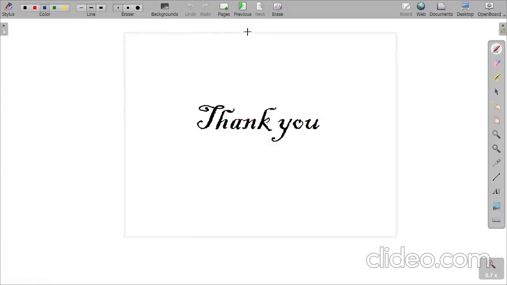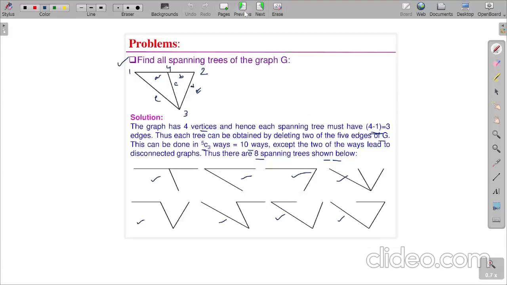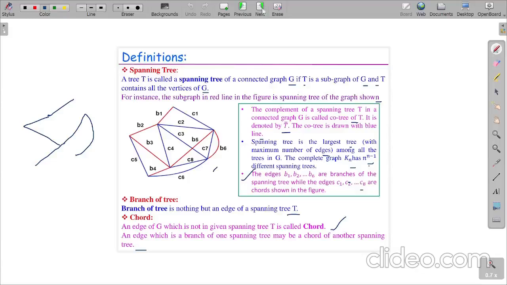So this is the lecture of spanning tree. Up to this, we can recall what we have done. First we tried to understand the definition of spanning tree.